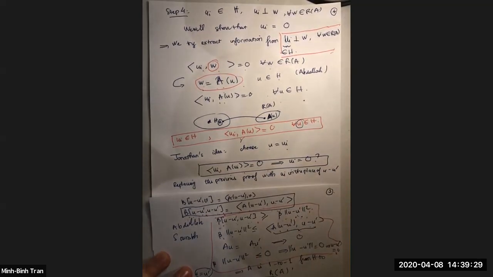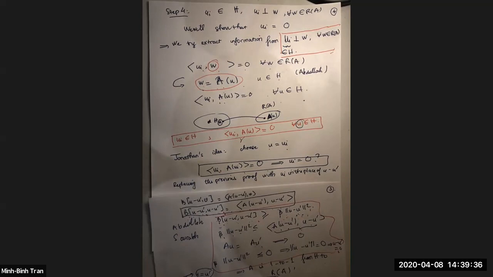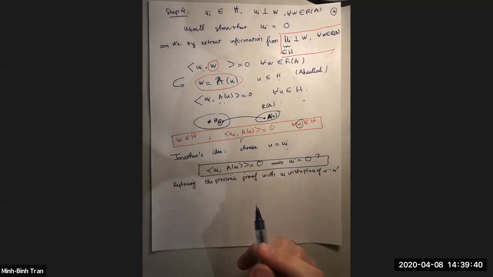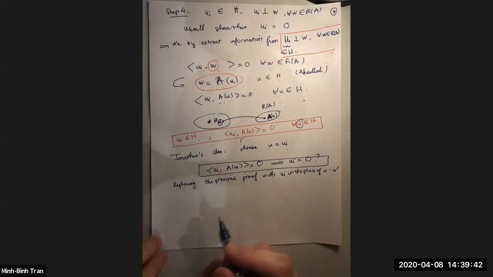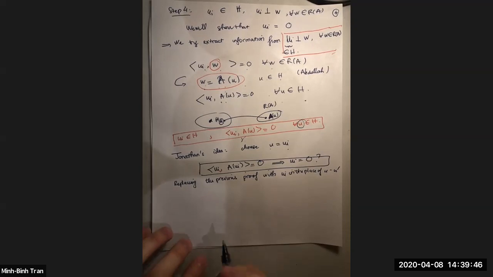All right, so that's it. Otherwise, the norm of u_i will be negative, and this is a contradiction, right? So according to Abdullah, let us try to copy the previous proof and get what we want, right?